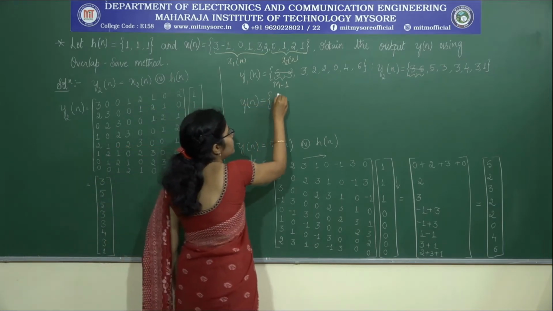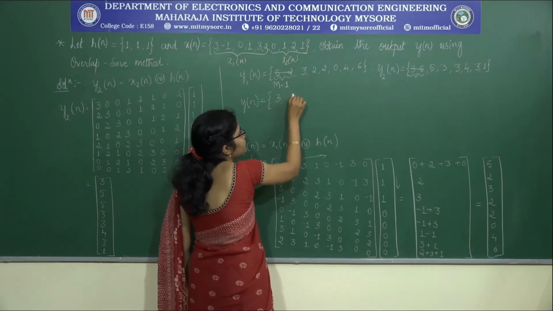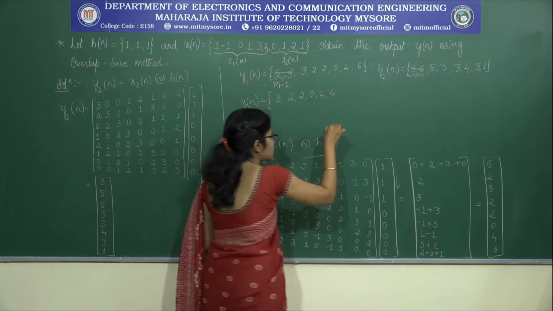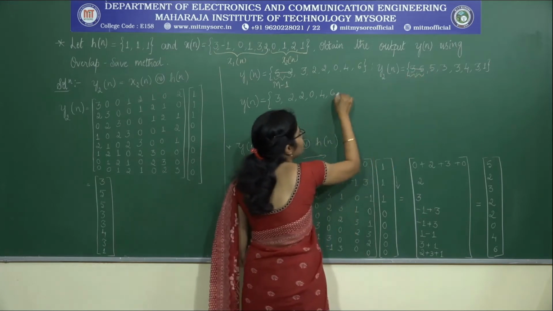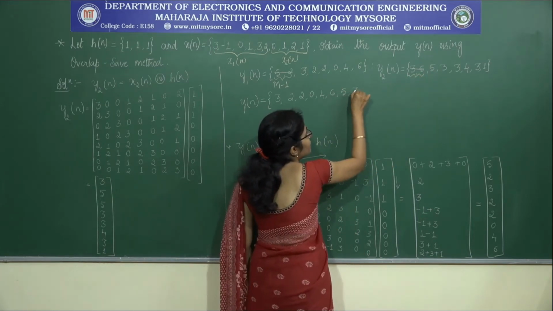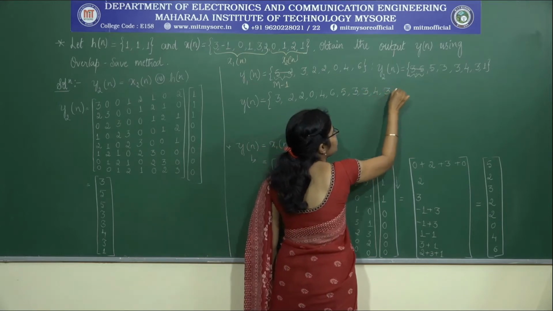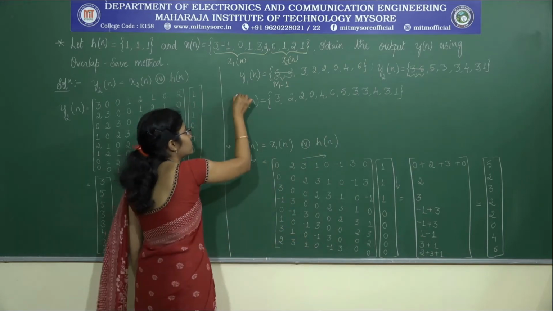So y of n will be equal to 3. I have discarded these two, so this becomes the first sample, 2, 2, 0, 4, 6. Again discard this and continue writing from here, 5, 3, 3, 4, 3, 1. So this is nothing but y of n.